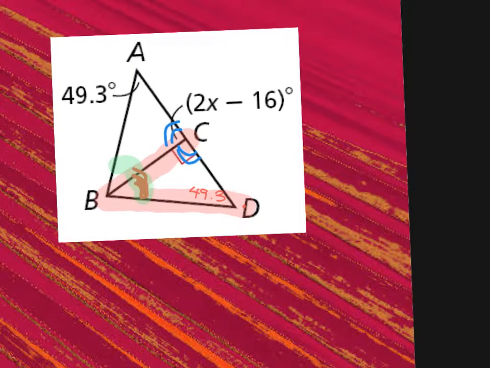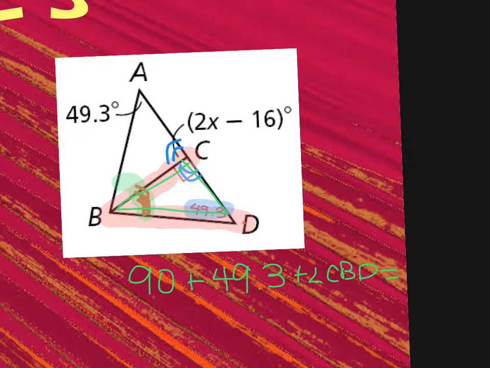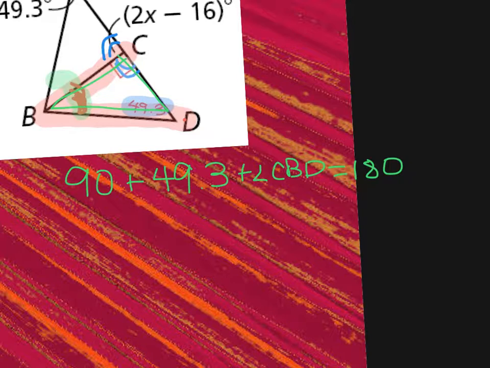Okay, that's one way to do it. Because this is 90, and I know that this is 49.3, and this is a triangle, I can say that 90 plus 49.3 plus angle CBD, let's give it 3 letters, equals 180 degrees. So that angle CBD is my unknown, which means I can add these 2.